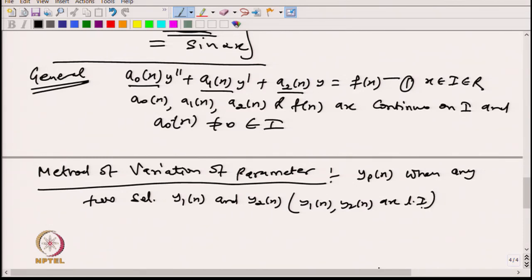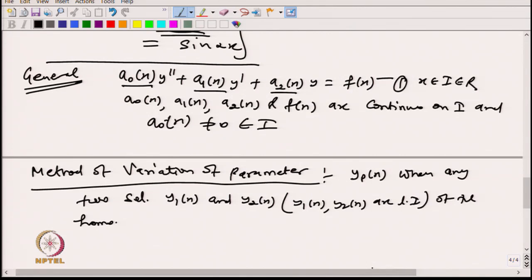So, we can find the particular solution when any two solutions y1(x) and y2(x) of the corresponding homogeneous equation a0(x) y double dash plus a1(x) y dash plus a2(x) y equal to 0 are known to us.